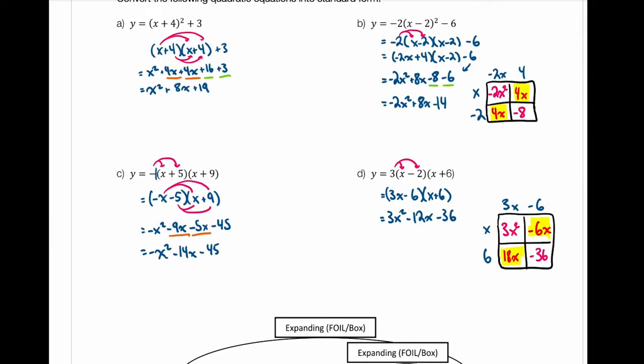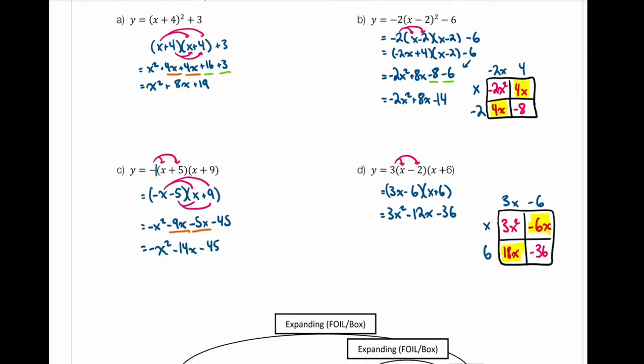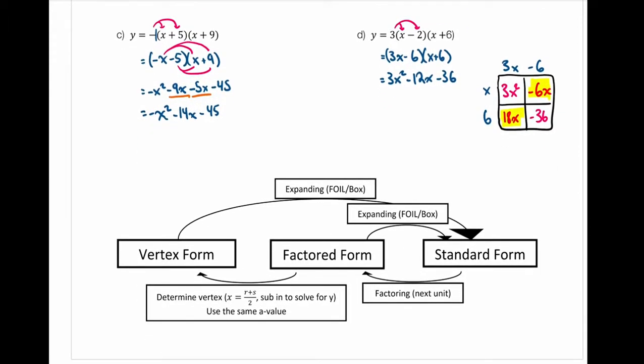So regardless of which form we're given, we can always convert to standard form just by expanding or multiplying and then simplifying and collecting any of our like terms. So here is just kind of an overview of how we can go from one to another. So if we have vertex form, we can go to standard form by expanding, or so basically using the FOIL or the box method.